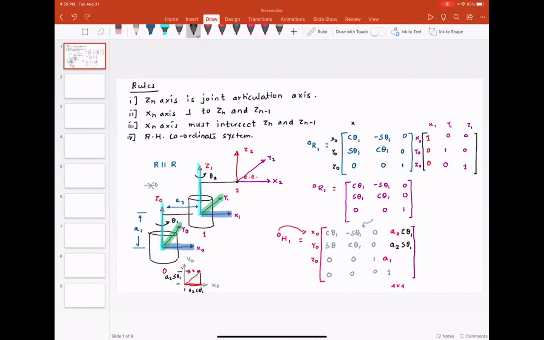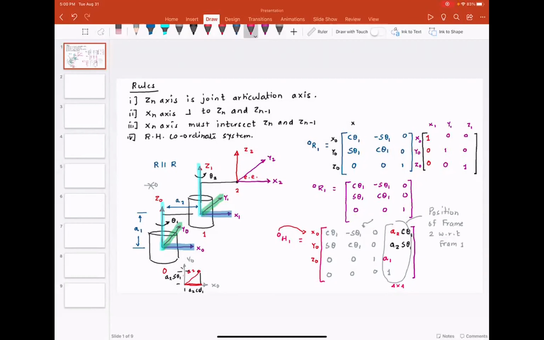Fourth row, can someone tell me what does the fourth row signify? I'll write this again. Position of frame 2 with respect to frame 1.